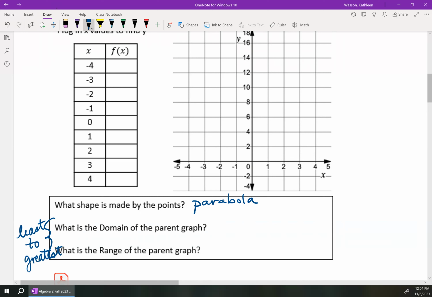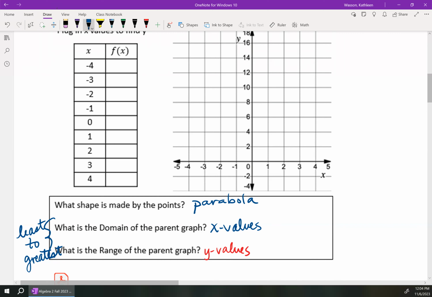The domain describes all of the x values. And then you'll describe this one that you're drawing, y equals x squared. The range in general describes y values, least to greatest.